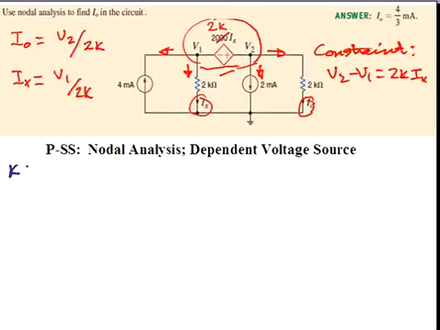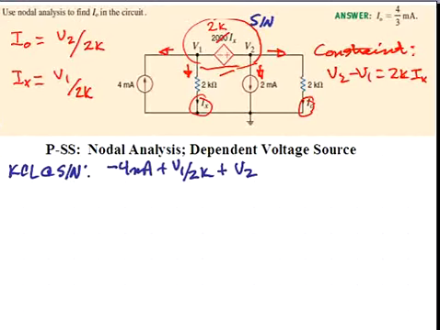So we'll do KCL at the supernode. This is the supernode, this envelope here. So we have minus 4 milliamps plus V1 divided by 2K plus V2 divided by 2K plus 2 milliamps is equal to 0.